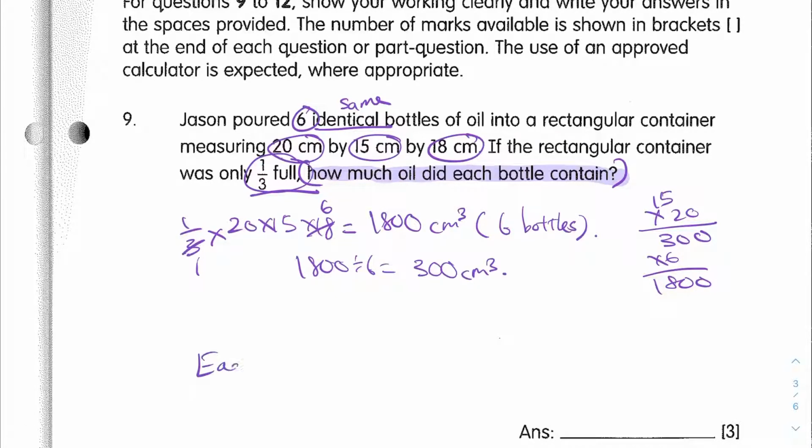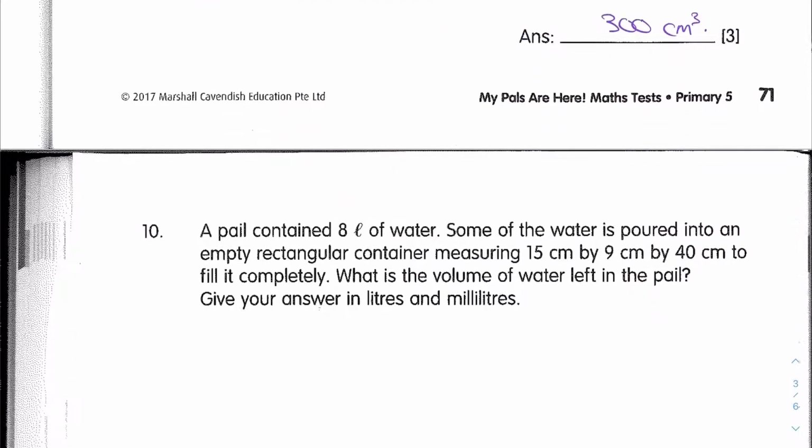So each bottle contained 300 cubic centimeters of oil. Right? Moving on to question 10.